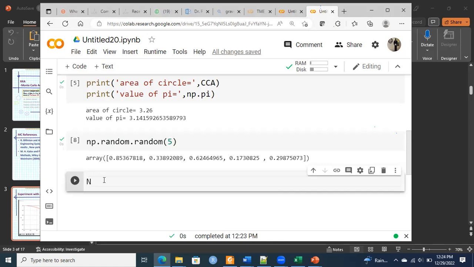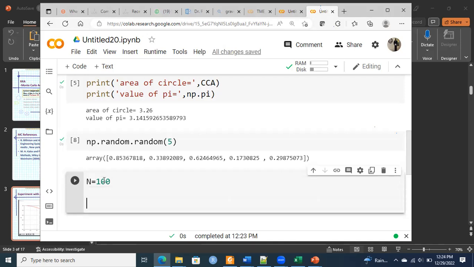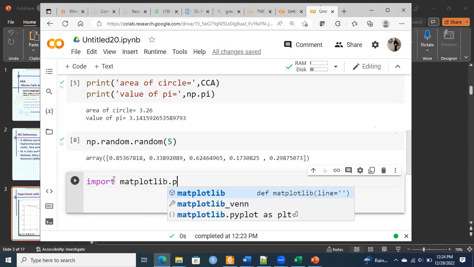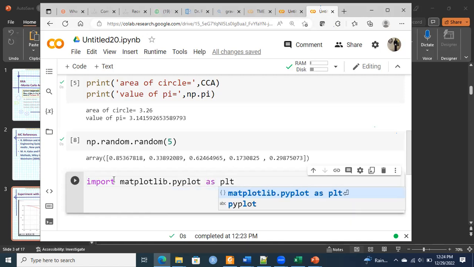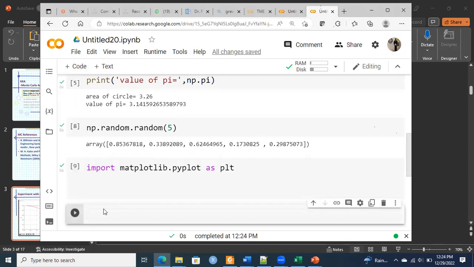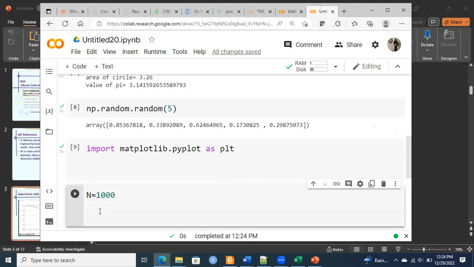So let's first write a part of the code. I would like to plot the random numbers as well, so I import matplotlib.pyplot as plt, so that I can show them. Now I define n points, for example, 1000. We can afford a larger experiment with computers.